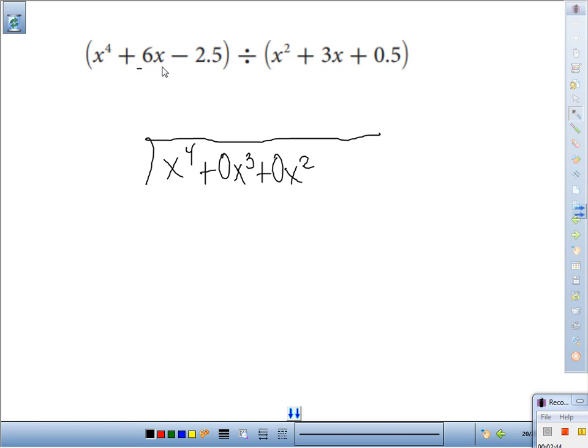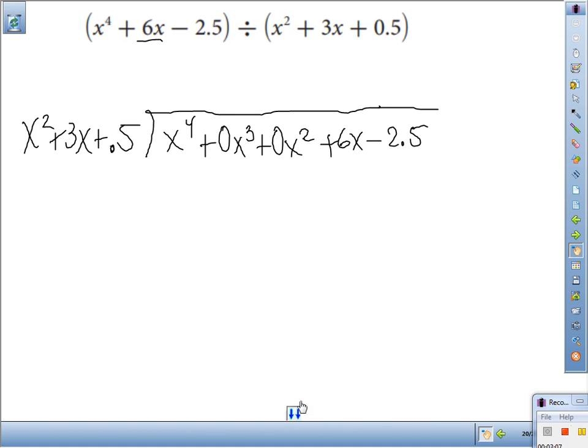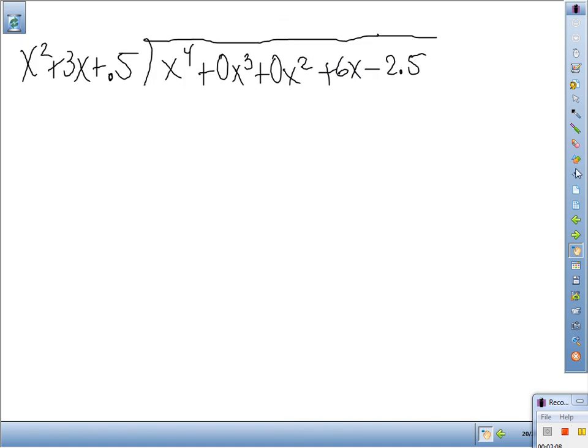So what's next? Plus 6x minus 2.5. Now that I have my dividend in there, I write my divisor: x squared plus 3x plus 0.5. All right? The rest of it is just simple work. Here we go.